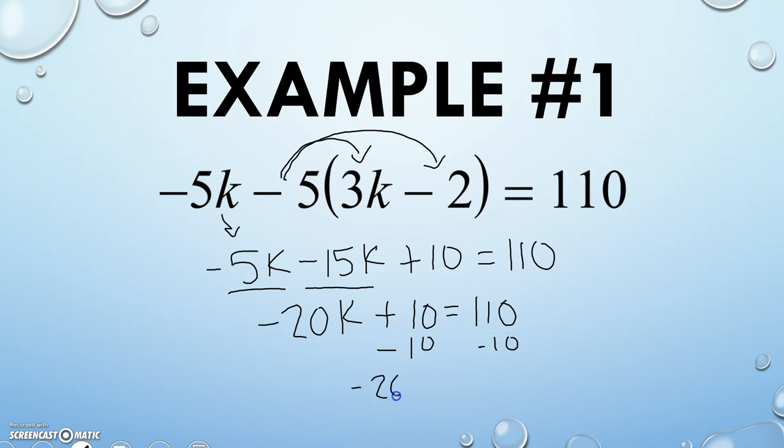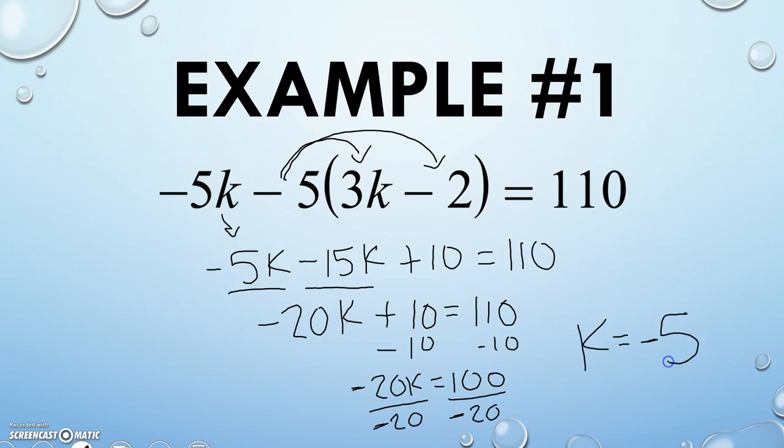So negative 20k equals 100. And then we divide by negative 20 on both sides. So we're going to get k is equal to a negative, don't forget those negatives, okay? So we have a negative 20, so we got to bring that down and divide by negative, so we'll get negative 5.